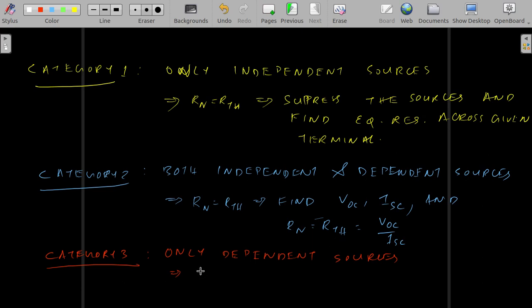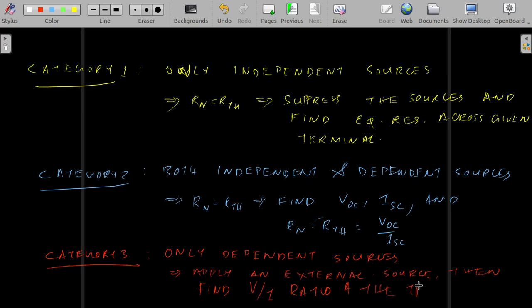So what we do is apply an external source and then find the voltage to current ratio at the terminal, right?